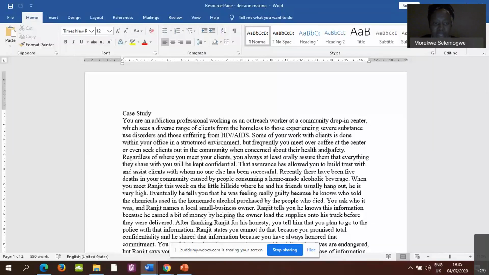Some of your work with clients is done within your office in a structured environment, but frequently you meet over coffee at the center, or even sick clients in the community when concerned about their health and safety. Regardless of where you meet your clients, you always, at least orally, assure them that everything they share with you will be kept confidential. That assurance has allowed you to build trust with and assist clients with whom no one else has been successful.